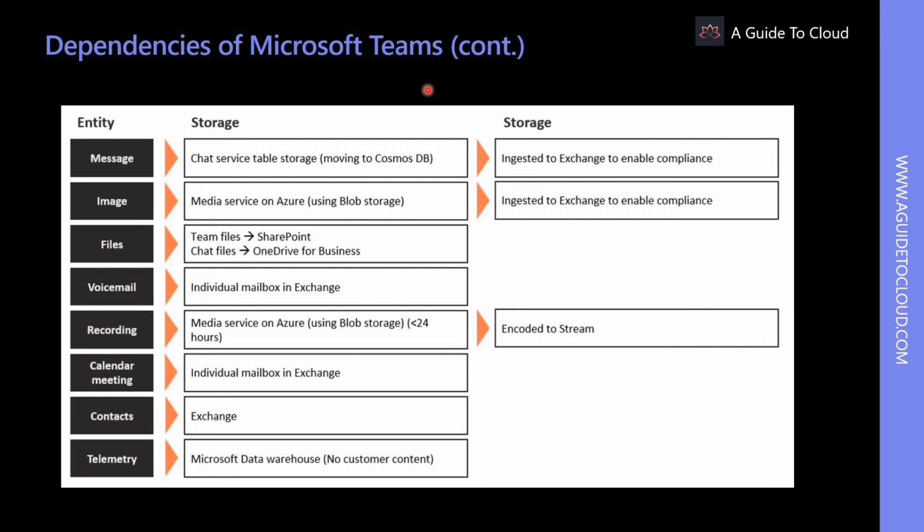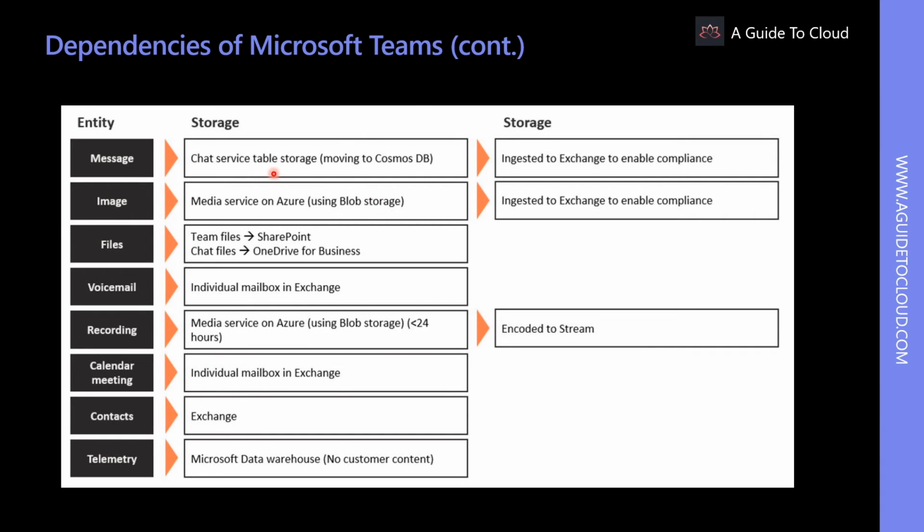These complex dependencies result in different types of data produced by different workloads, because not all types of data are efficiently stored in a single storage location. Teams uses the most effective storage location depending on your user data that is produced by each service.